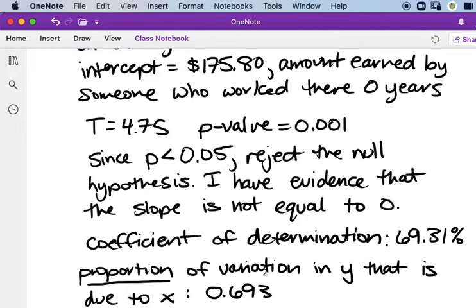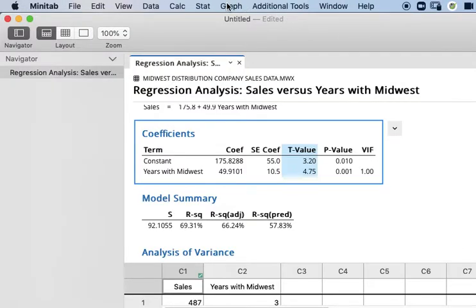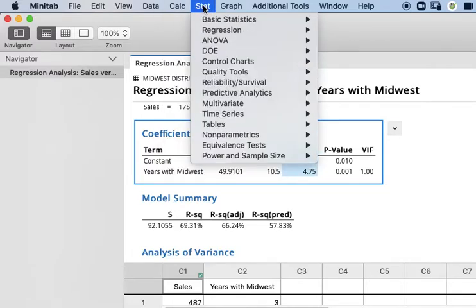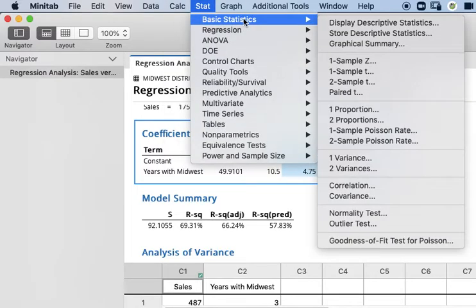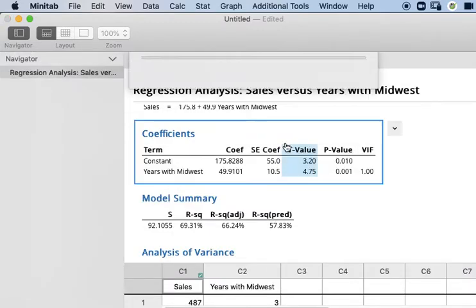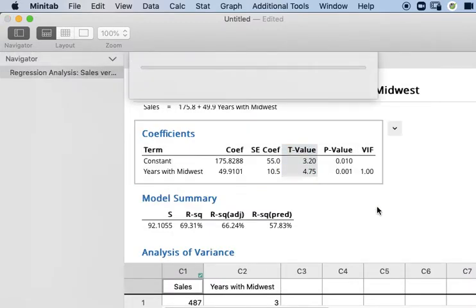Lastly, when you're doing the homework for this section, some of the questions are going to ask you about the correlation. Remember, to get the correlation, we go up here to Stat, go to Basic Statistics, and then down to Correlation. You're going to need to do this for the homework as well, because it is going to ask you for the R value and the P value for the correlation coefficient.